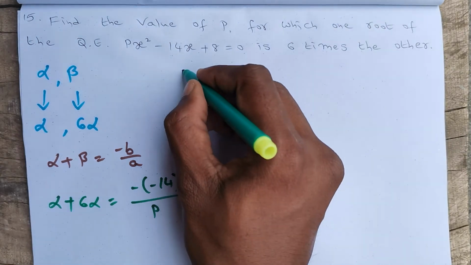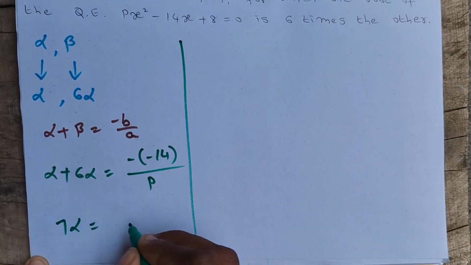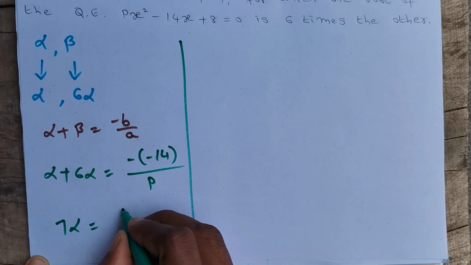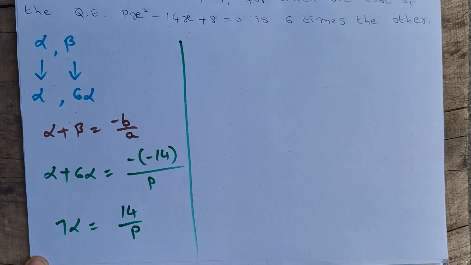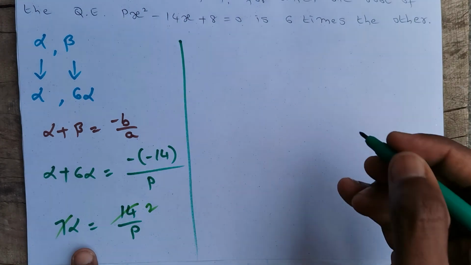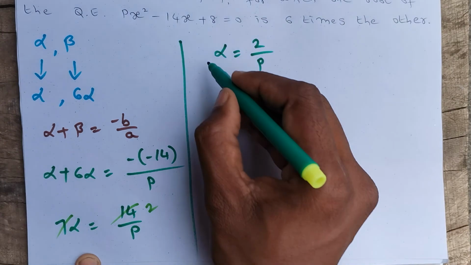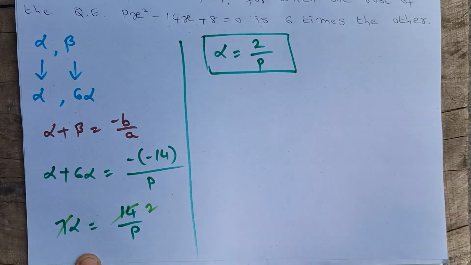Alpha plus 6 alpha, 7 alpha, which is equal to minus of minus, plus 14 divided by p. If we check for the cancellation, here 7 ones are 7, 7 twos are 14. So we got alpha is equal to 2 divided by p. This is the first equation. I will keep it aside.